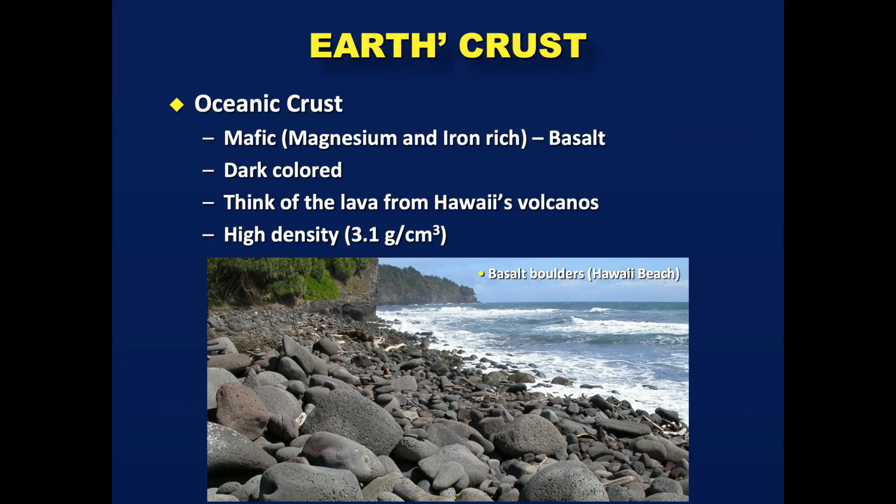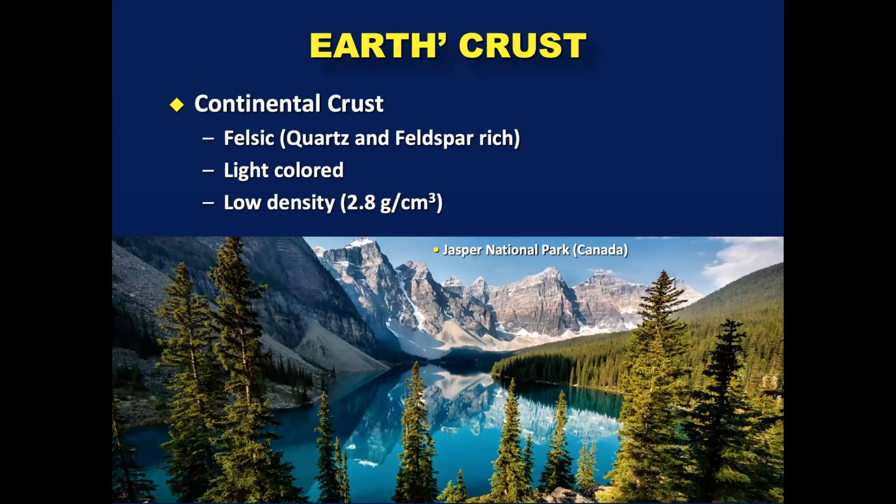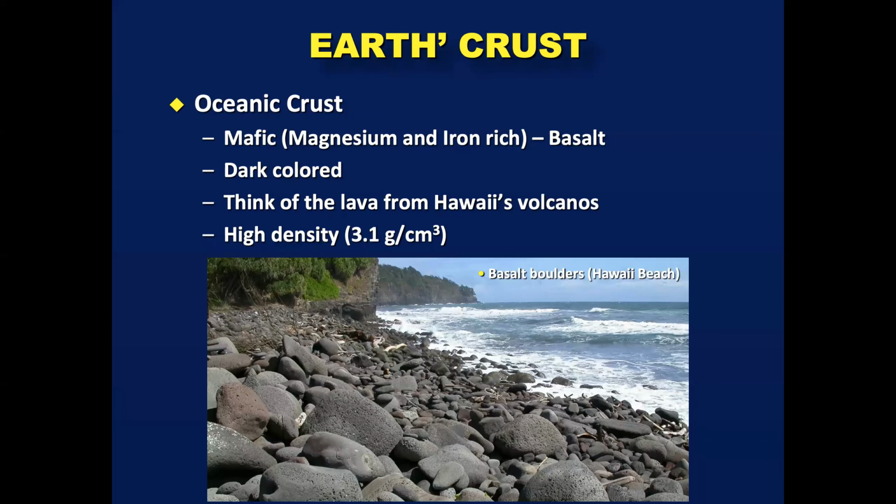Now that difference doesn't seem that big, 2.8 to 3.1. But think about the trillions of cubic centimeters out there. And that adds up very, very quickly. So here's an example of boulders made up of basalt, which is this mafic material that comes out of a volcano in Hawaii.